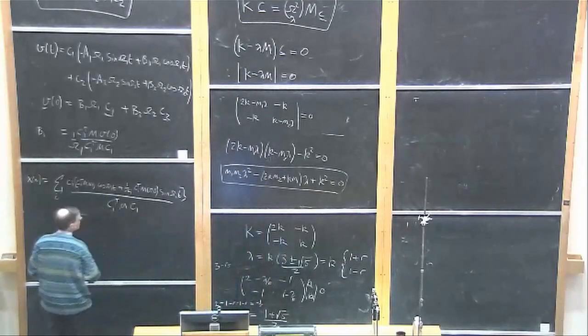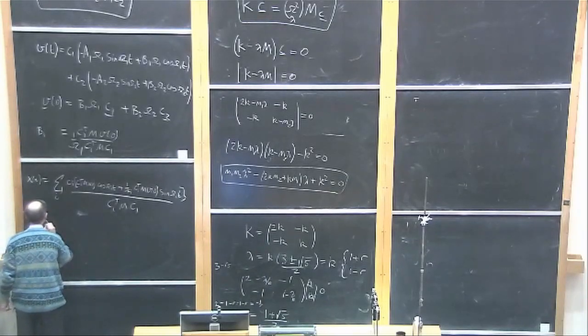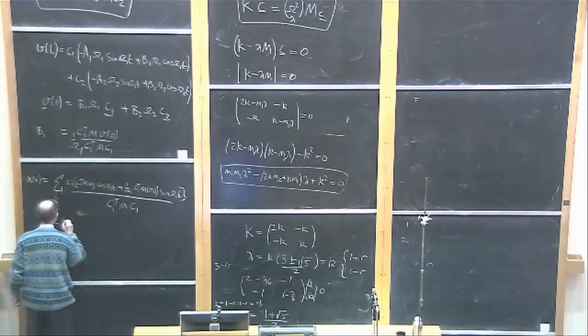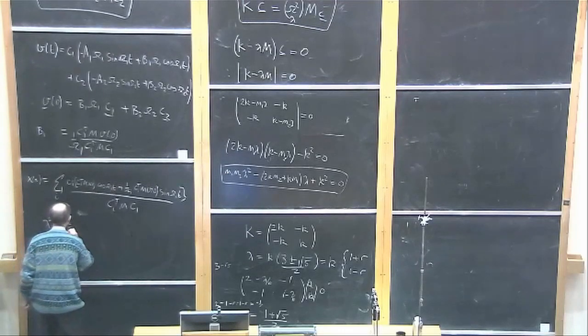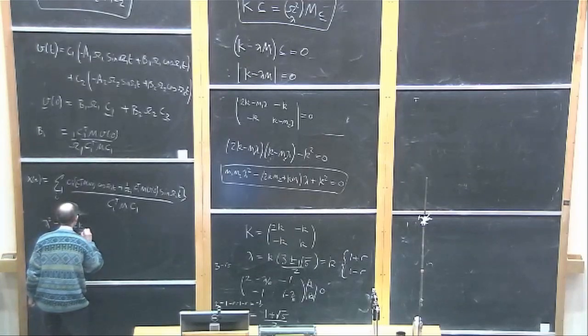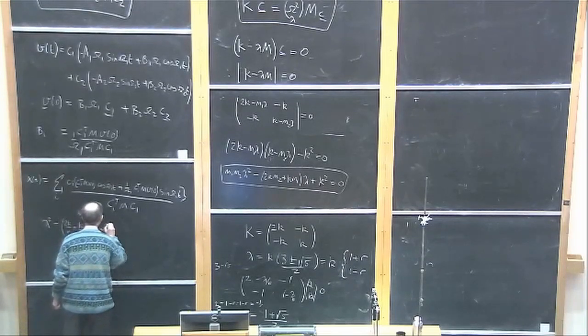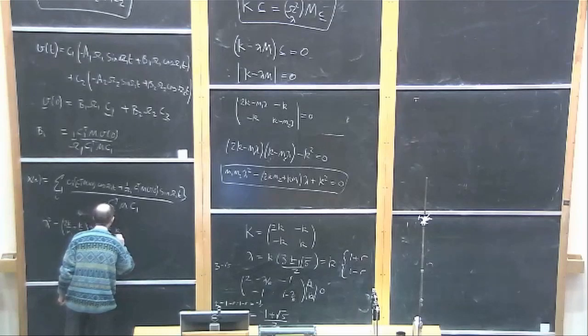So let's divide through by m1, m2 to give lambda squared minus (2k over m1 plus k over m2) lambda plus k squared over m1 m2 equals 0.